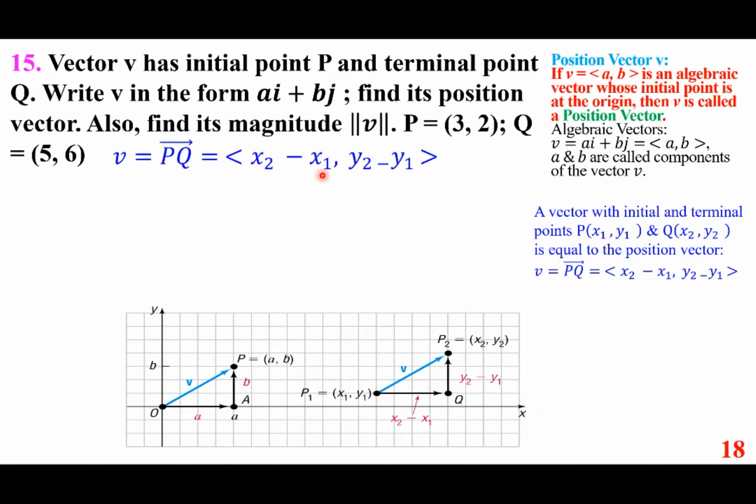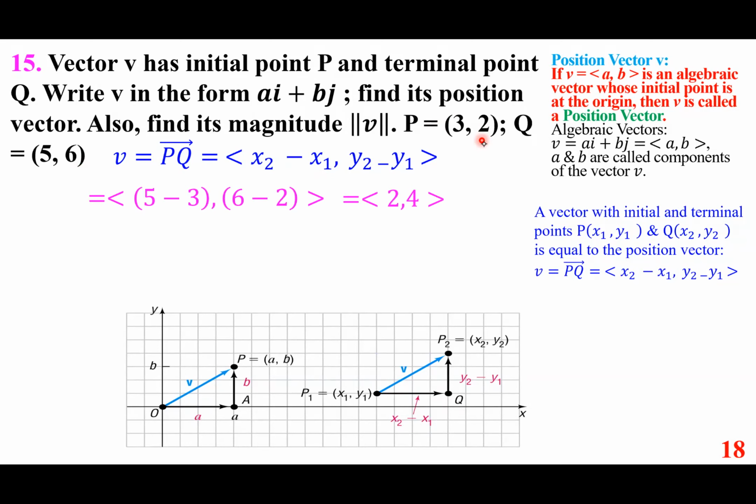So in this case, we are going to write 5 minus 3 and 6 minus 2, which simply put gives us (2, 4).